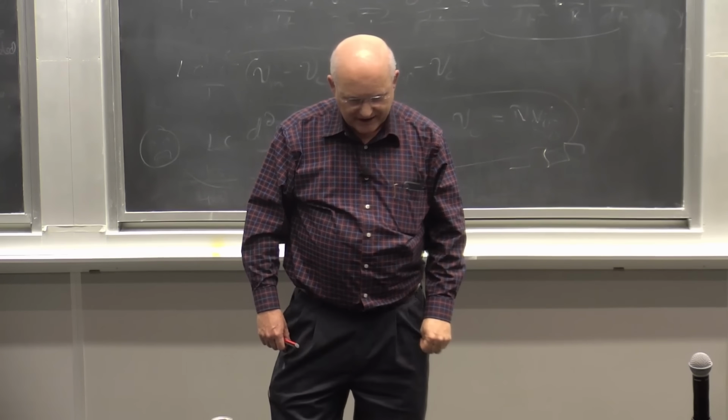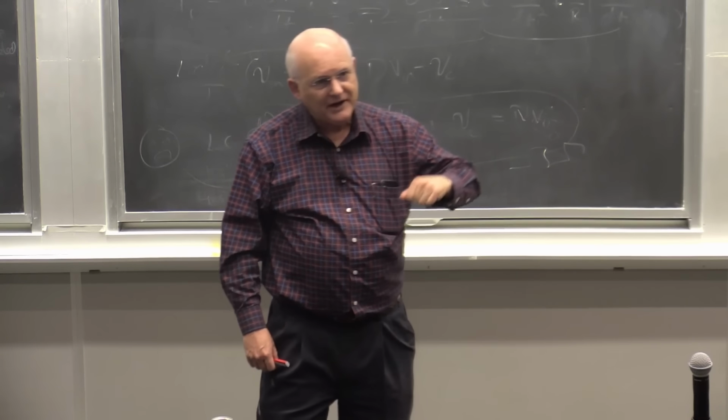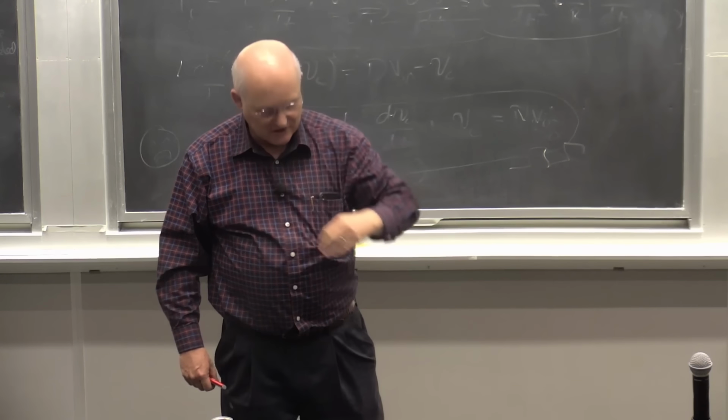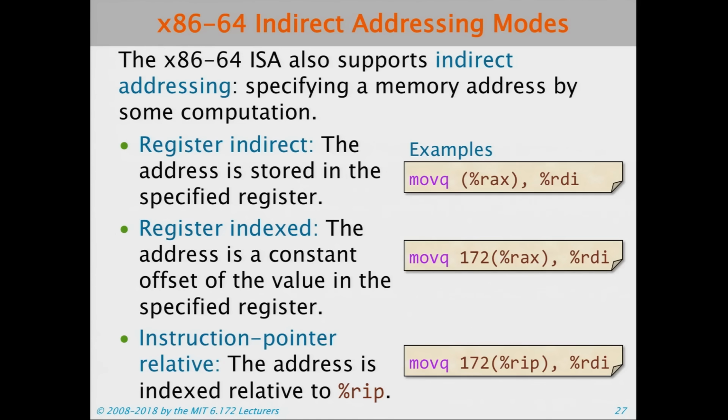Register indexed says, well, do the same thing, but while you're at it, add an offset. Okay, so once again, if RAX had 172, in this case, it would go to 344, to fetch the value out of that location 344 for this particular instruction, okay?